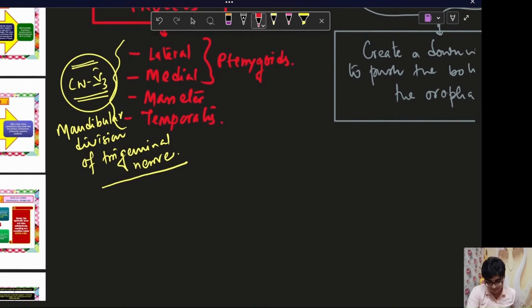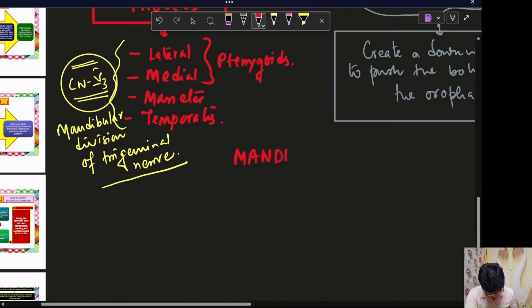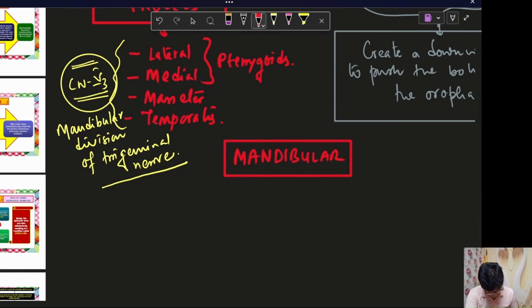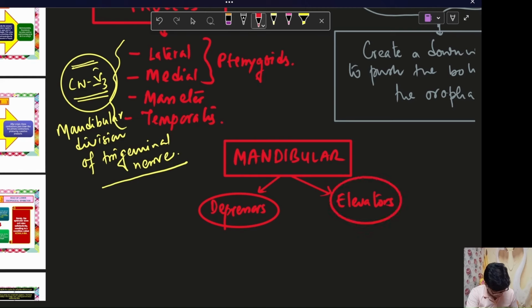let me tell you regarding the mandibular depressors and mandibular elevators.